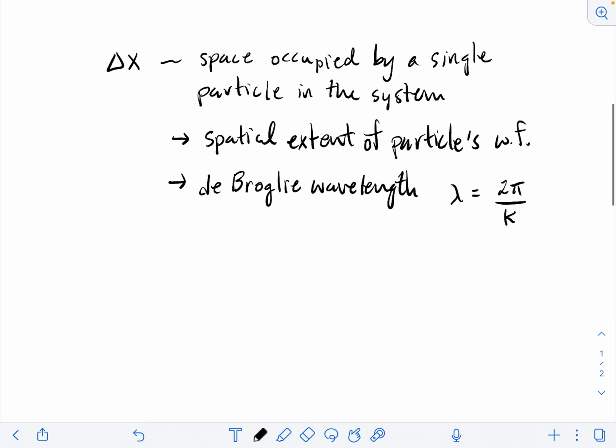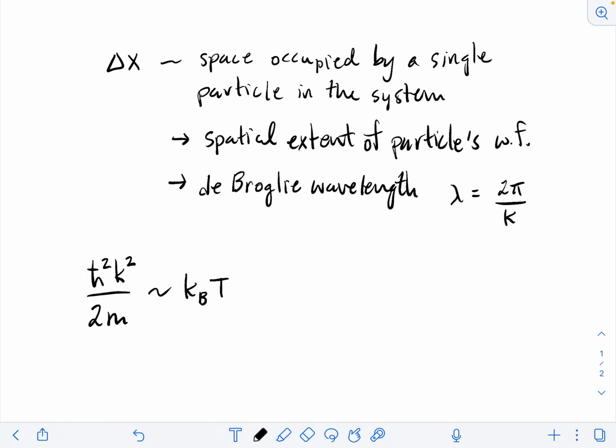Well, for a system of non-interacting bosons, we know that its energy is kinetic energy, which is h bar k, the momentum, squared, divided by 2m. And if our system's at some temperature T, then the kinetic energy of the particles is going to be on order of kBT.